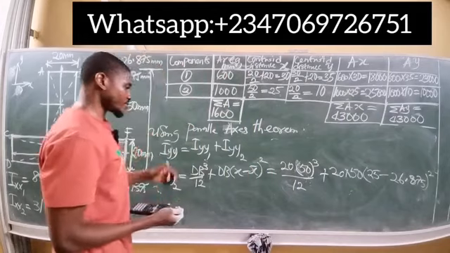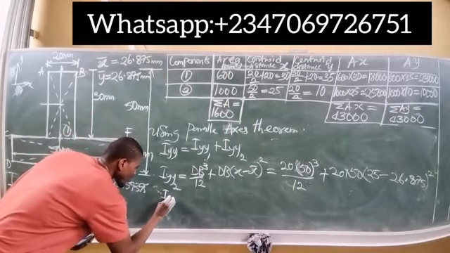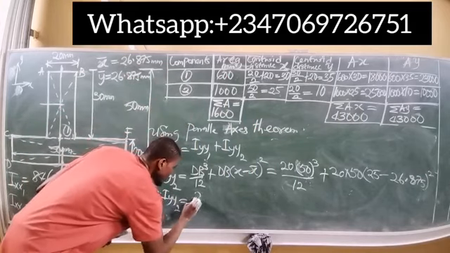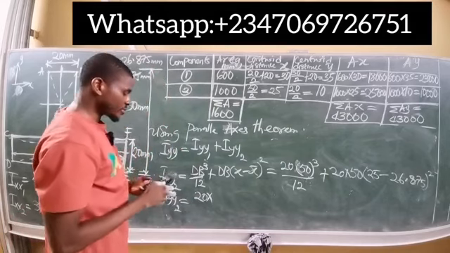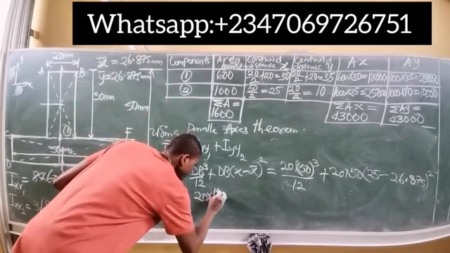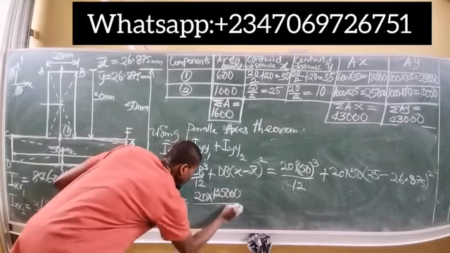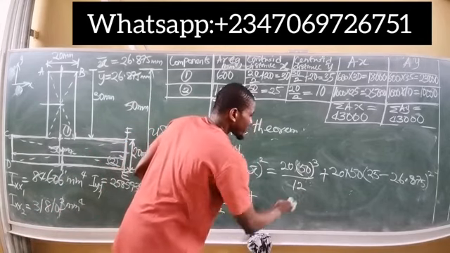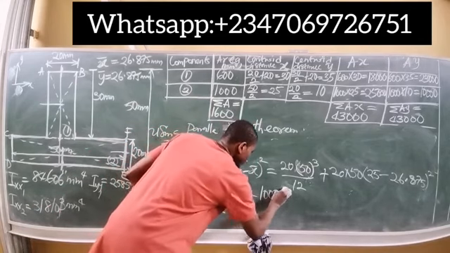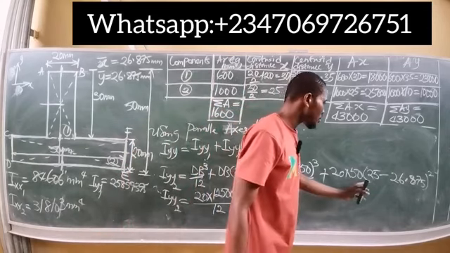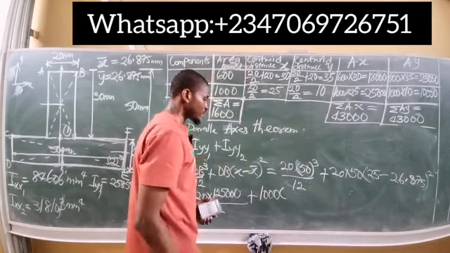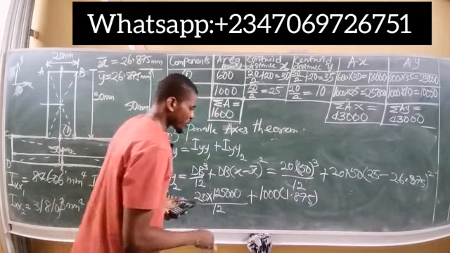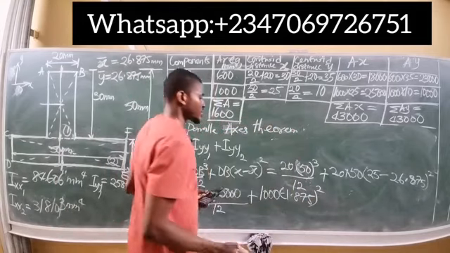So Iyy2 is now equal to 20 by, of course, 50 cubed is 125,000, all over 12, plus 20 by 50, which gives us 1,000, into 25 minus 26.875, that simply gives us minus 1.875, all squared.